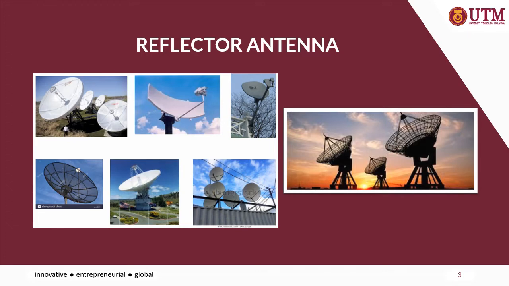So the figure shows some examples of reflector antenna, and the common type of reflector antenna used is the parabolic dish or parabolic antenna, as we can see in TV satellite communication, the Astro dish, and then the radio communication station, for example the Goonhilly, known as the UK gateway to space, where it stores very large or huge parabolic reflector antennas for radio communication purposes.